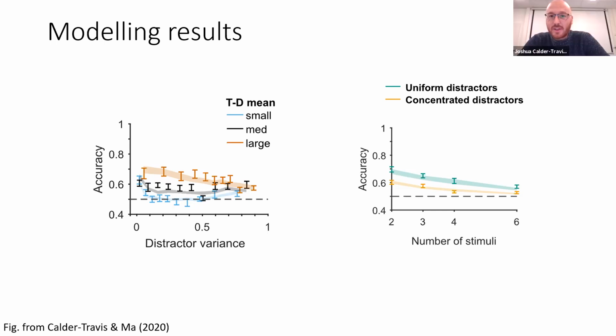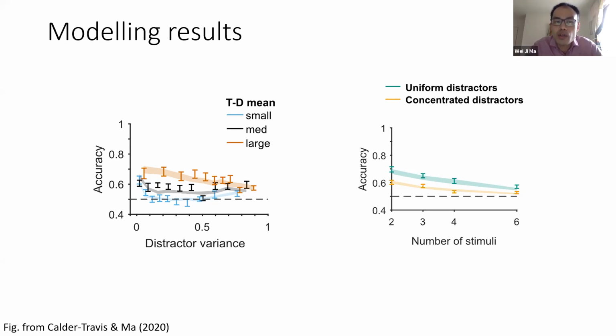Yeah, and I guess that might be especially important in the concentrated condition, because in the condition where the distractors tend to be concentrated on the target orientation, if distractor variance is high, you're spreading them out away from the target. Yeah, great question. Why is that not happening in between?